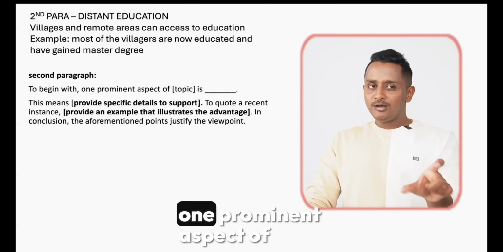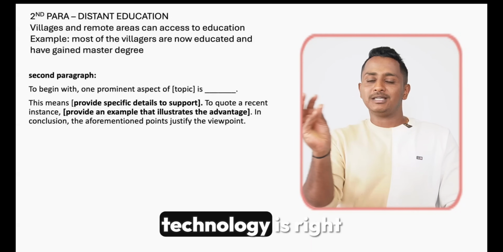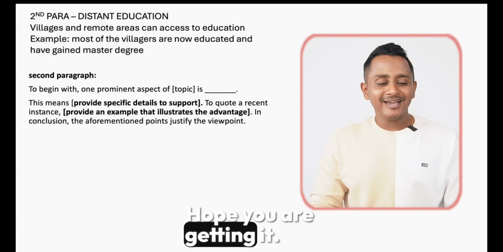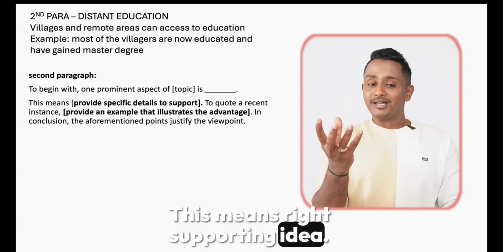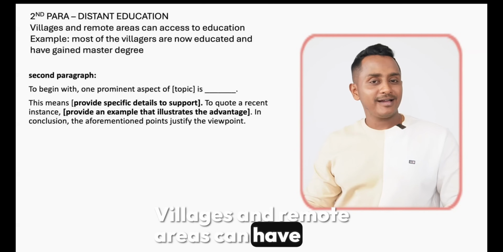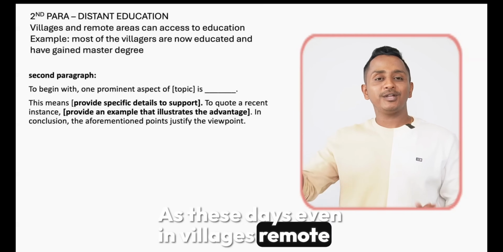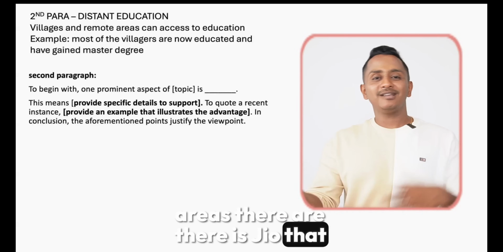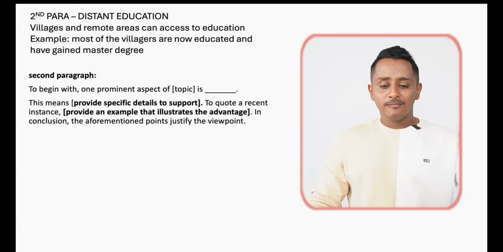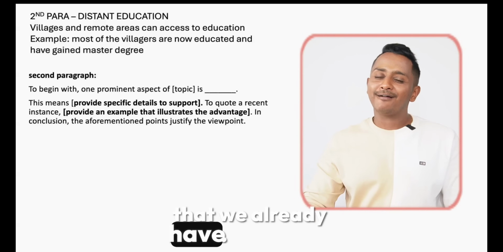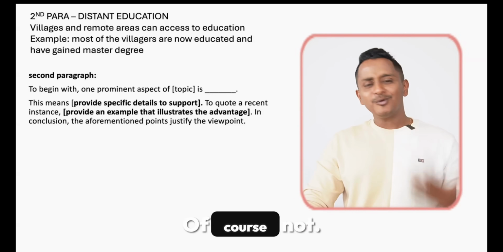To begin with, one prominent aspect of technology is, write the main idea, distant education. Hope you're getting it. This means, write supporting idea. Villages and remote areas can have access to education using faster Wi-Fi, as these days, even in villages and remote areas, faster Wi-Fi is happening. Then, to quote a recent instance, third line, write an example that we already have. Is it so difficult? Of course not.